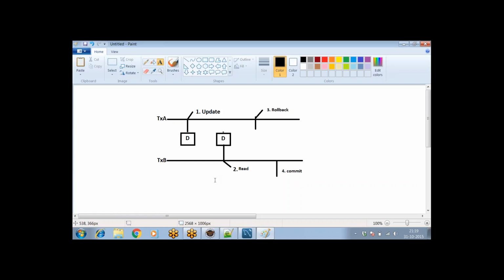Then let's say transaction B uses that uncommitted data, and after it is done using it, it commits. But transaction A, in this case, rolls back.